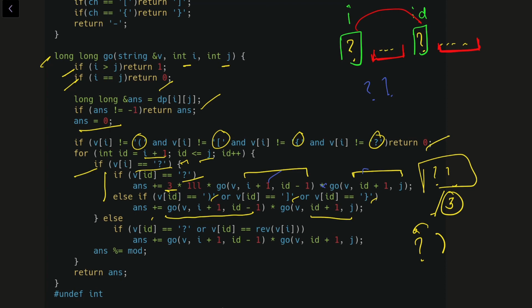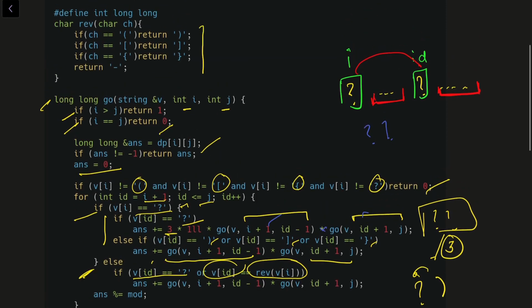And if my v[i] is some opening bracket, in that case, I need to check again, right? So here, our v[id], our closing bracket, can either be a question mark or it can be the reverse of our current bracket, right? Since we know that our v[i] is not a question mark, that means our v[i] is some character.